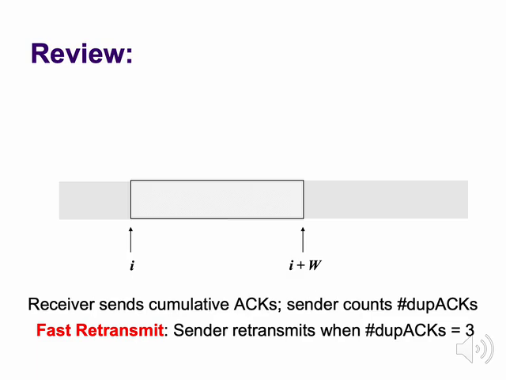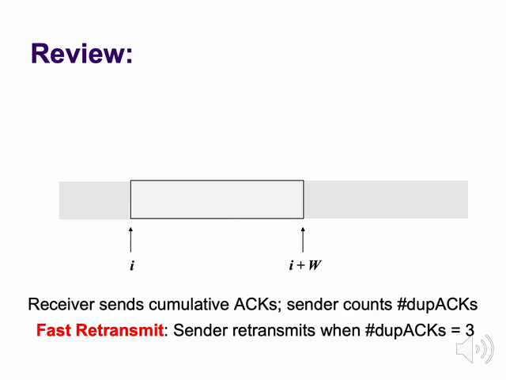I don't think we introduced this term before. This process of retransmitting when you receive 3 duplicate ACKs is called fast retransmit. So this mechanism of counting the number of duplicate ACKs, and if I receive 3, treating it as a loss and retransmitting, we call that fast retransmit.